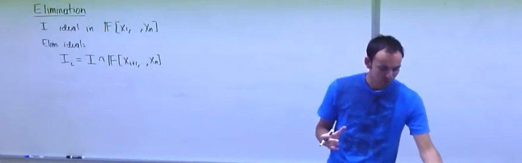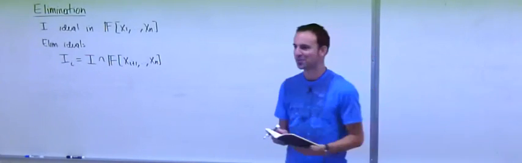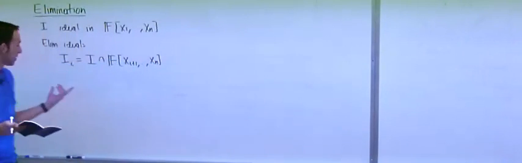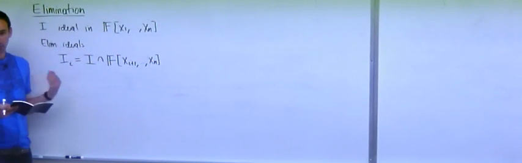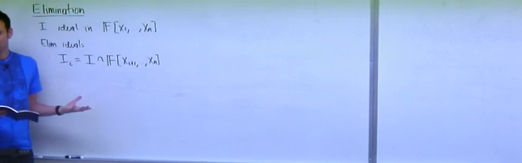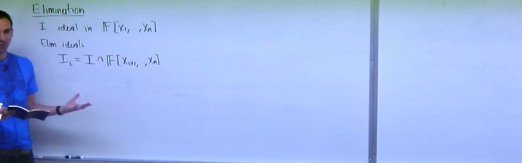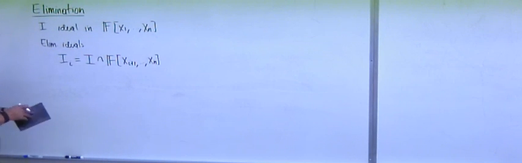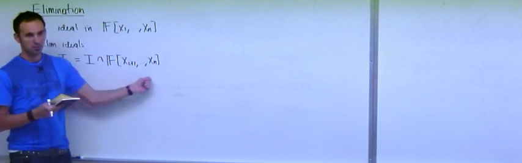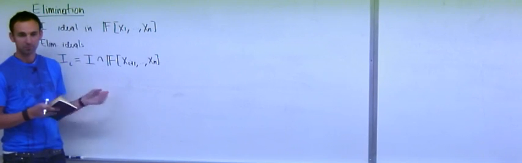But of course, I called it an ideal, so it should be confusing. But you see, if you take a polynomial that doesn't involve the first i variables, and you multiply it by some of the first i variables, then you're going to fall out of the set, right? So the reason these are called ideals is because they're ideals, but in this polynomial ring, not in the big one.